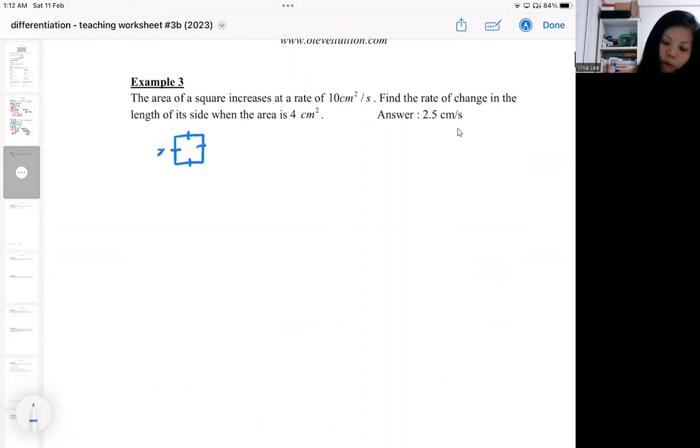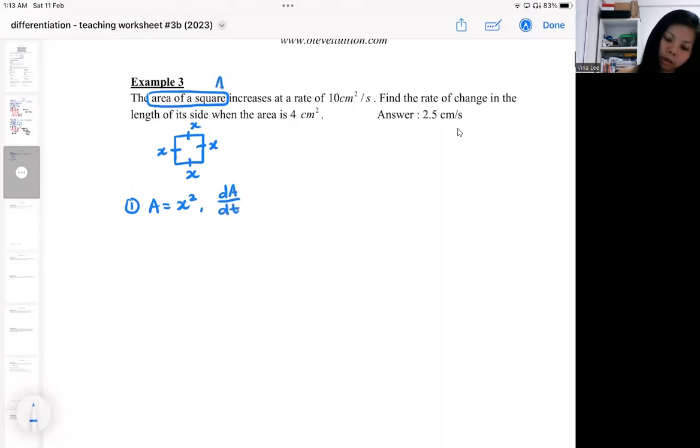So you might want to draw a square first, and then you can use the length as x. So we are interested in the area of a square. So that is the information. According to my diagram, the area is x squared. And there is the dA/dt.